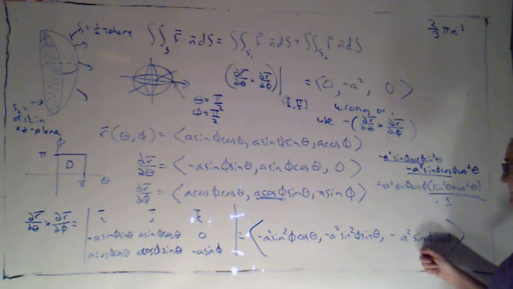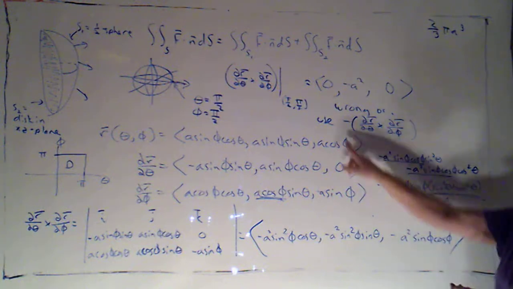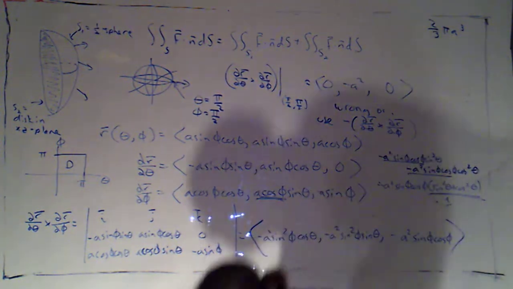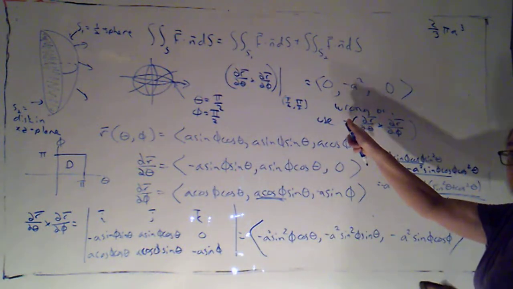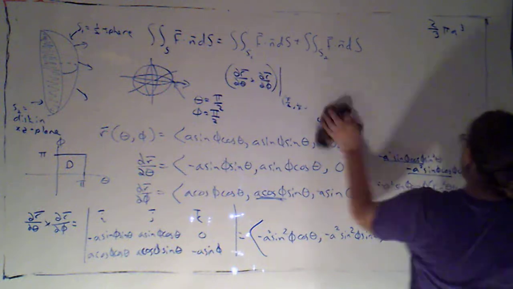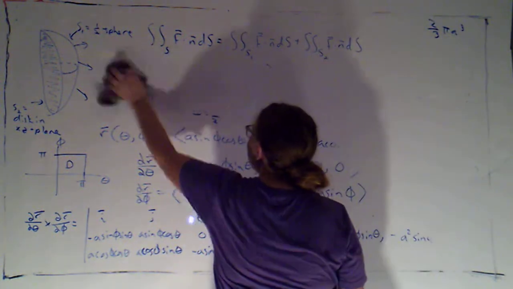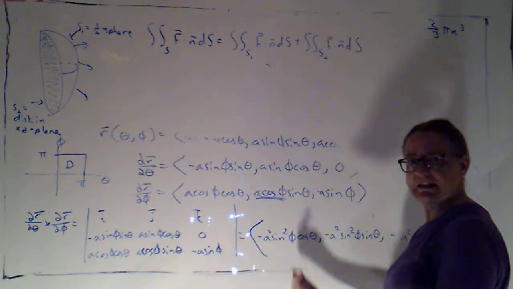All that means is that instead of each of these components having a negative sign, those negative signs are going to be wiped out by this. Okay. So, with that, and I do need to see this work, that you're checking that you have the right orientation. And you might have accidentally memorized that, oh yeah, if I do del r del theta crossed with del r del phi, it's going to be inward, so I need the opposite.